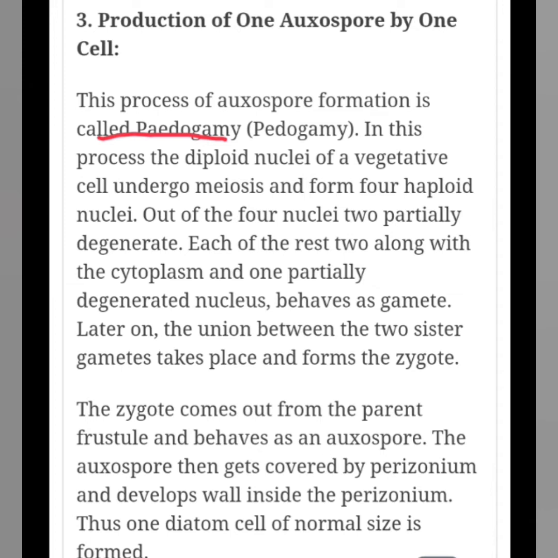In this process, a single cell has a diploid nucleus. That one nucleus will undergo meiosis again to form 4 haploid nuclei. Now, two out of the 4 nuclei partially degenerate, and each of the rest two, along with the cytoplasm and one partially degenerated nucleus, behave as gametes.